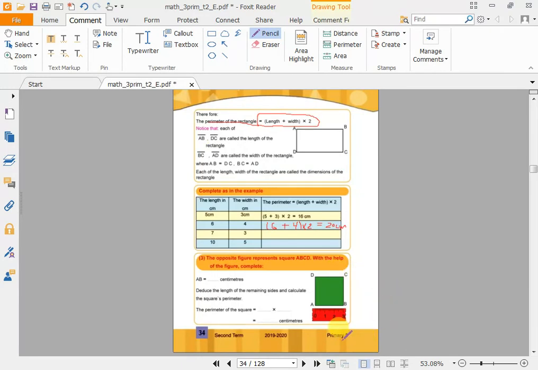Okay, let's see this figure. The opposite figure represents a square called ABCD, centimeters.